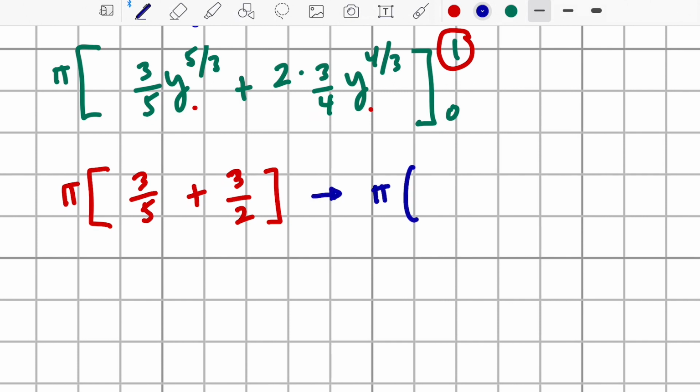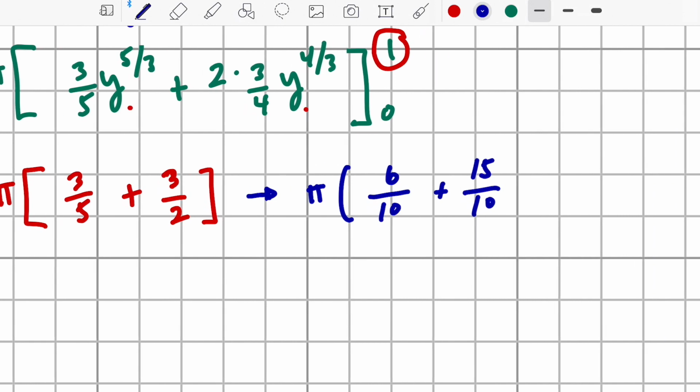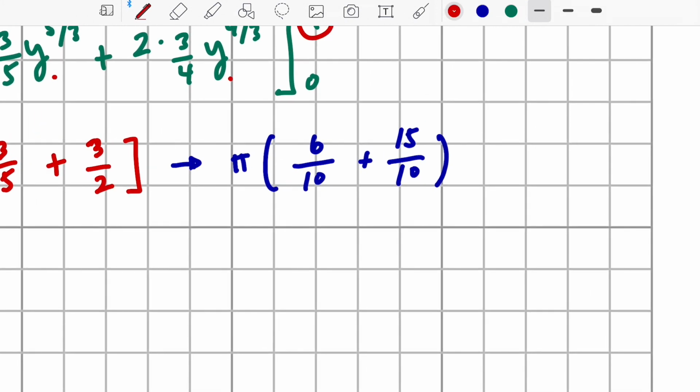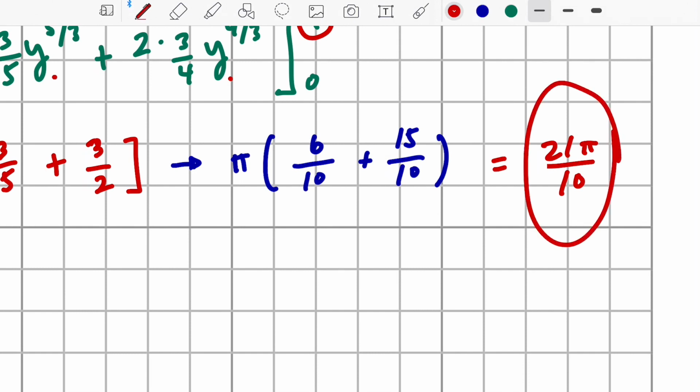So pi, common denominator will be 10. So the first fraction becomes 6/10, and the second fraction becomes 15/10, which gives me, when I add that up, 21 pi over 10, and you can't reduce that anymore. And that is the final answer.